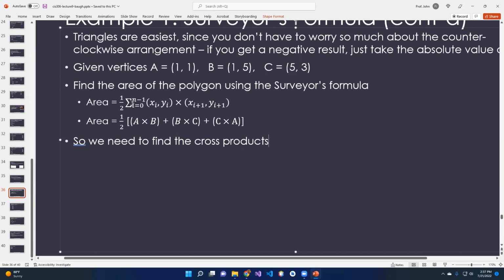Area equals 1/2 of the sum from 0 to n minus 1 of x sub i, y sub i times x sub i plus 1, y sub i plus 1. So what that does is we're taking these original vertices, and we have a by b plus b by c plus c by a, right? So that's actually connecting it to the original value. So we have to find these cross products.